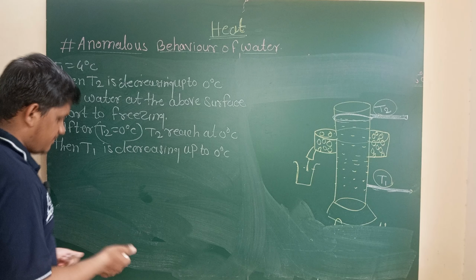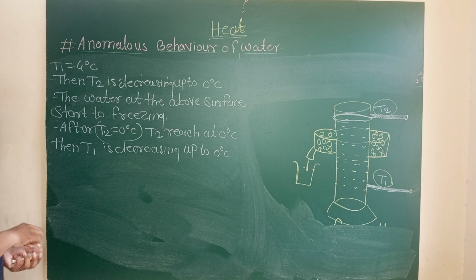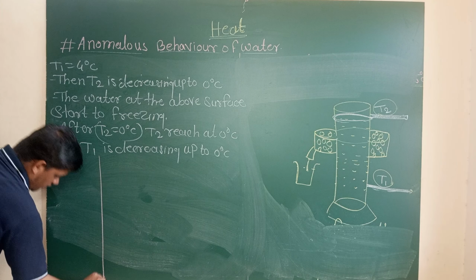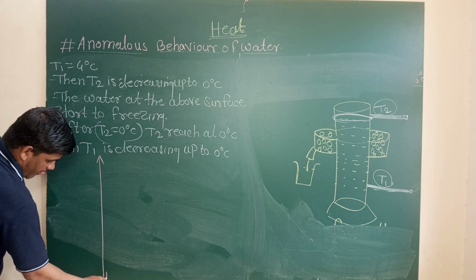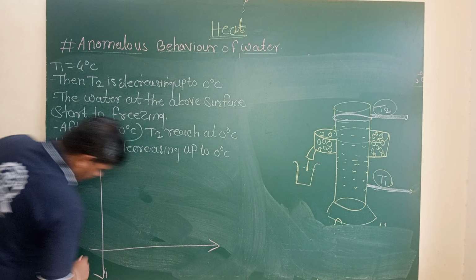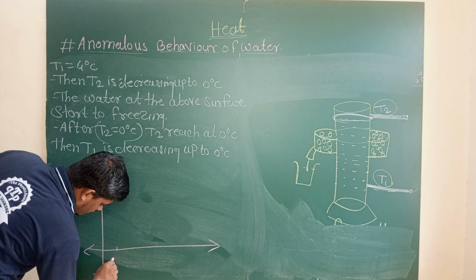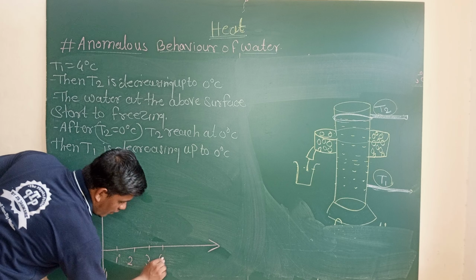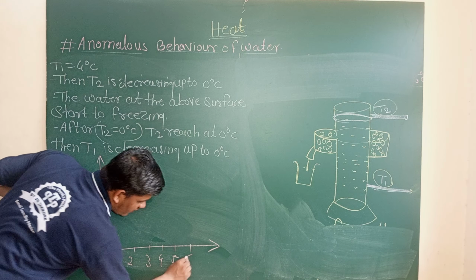Now let's plot a graph between volume and temperature. The y-axis shows the volume of water, and the x-axis is the temperature: 1 degree Celsius, 2, 3, 4, 5, 6 degrees Celsius.